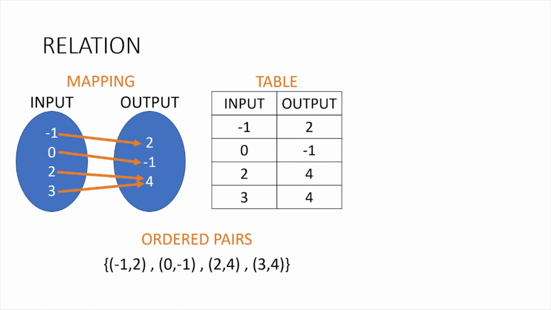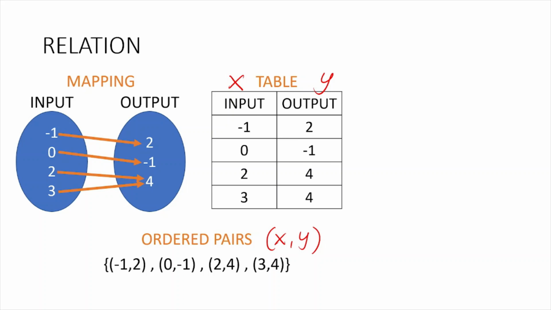Now, we usually denote the input values as x values and the output values as y values, right? So an ordered pair is usually represented by (x, y), okay? And we can go further by calling the x and the y values the x and y coordinates respectively.